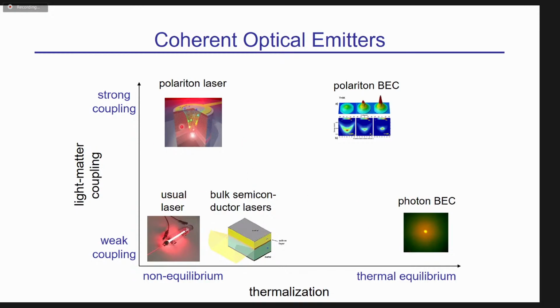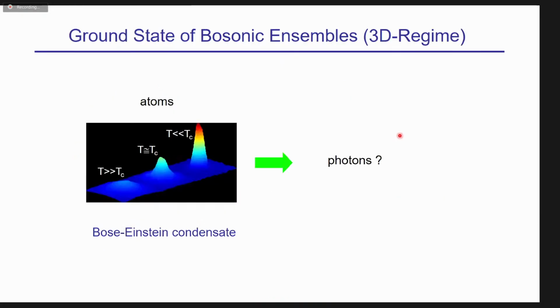At strong coupling, polaritons can form, which are mixed states of matter and light, and depending on whether you have thermalization or not, you'll have either a polariton laser or a polariton BEC. Regarding the introduction, Bose-Einstein condensation is generally about the ground state of bosonic ensembles.